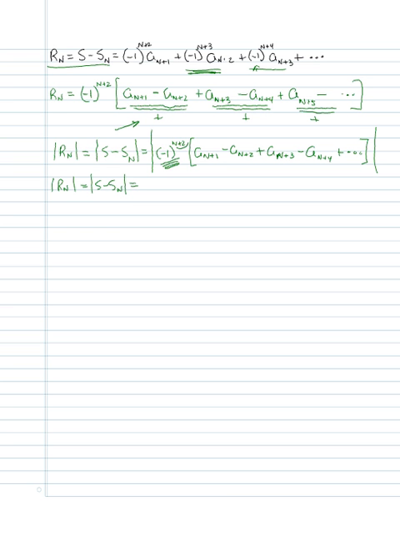But regardless, it's just going to be the value of this positive result. Remember, this is positive in here, just as we said before. So the absolute value of r sub capital N is a sub capital N plus 1 minus a sub n plus 2 plus a sub n plus 3 minus a sub n plus 4 plus a sub n plus 5, and the pattern continues.